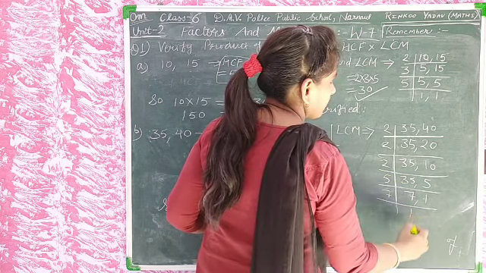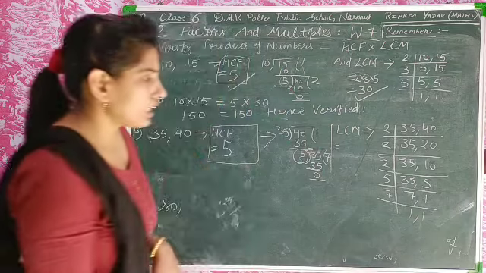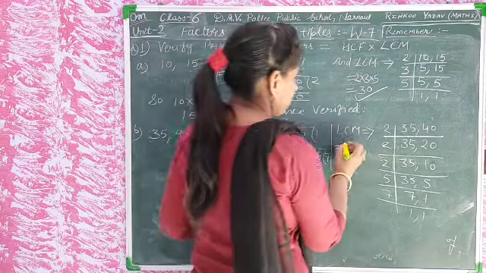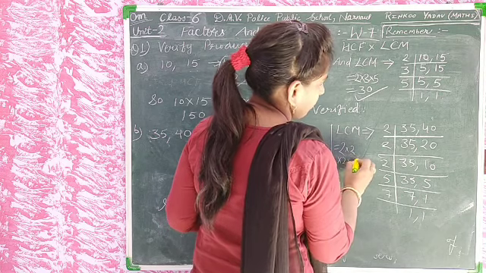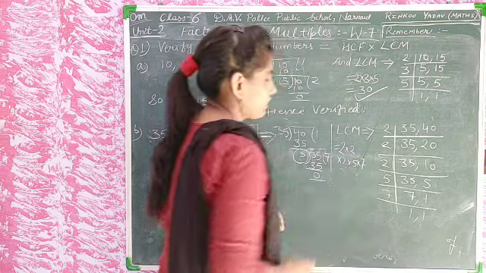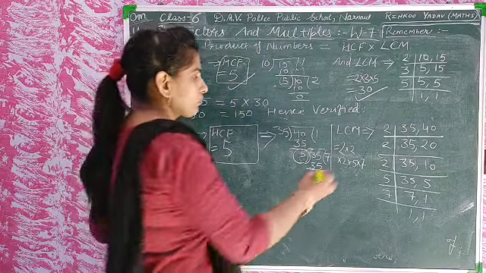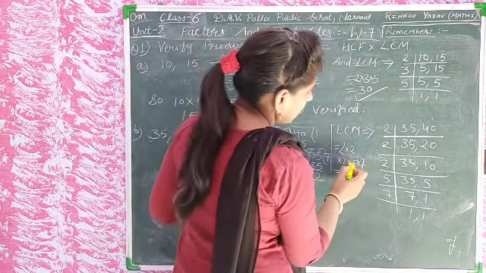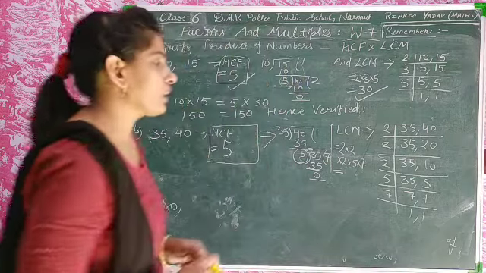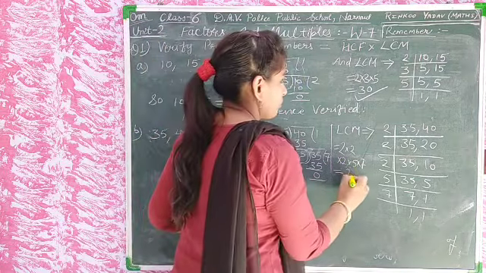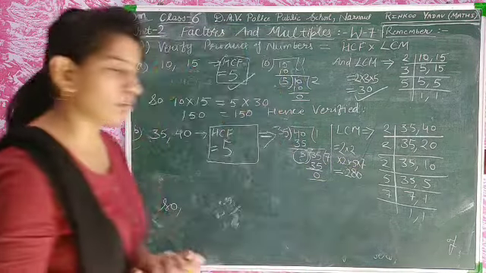Now divide by 7: 7 and 7, and 1. The factors give LCM equal to 2 into 2 into 2 into 5 into 7. 5 tens are 50, and 2 fives are 10; 40 times 7 is 280. 280 is the LCM of these two numbers.